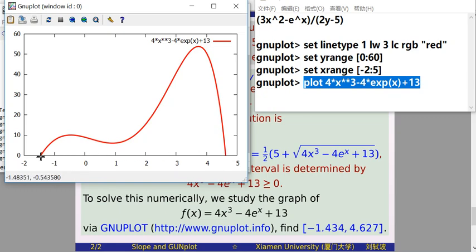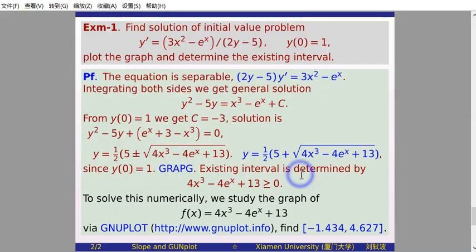So the x coordinates of these two intersections determine an interval. In this interval, f is non-negative. Therefore, this interval is the interval where our solution is defined. So this is the answer of our question.